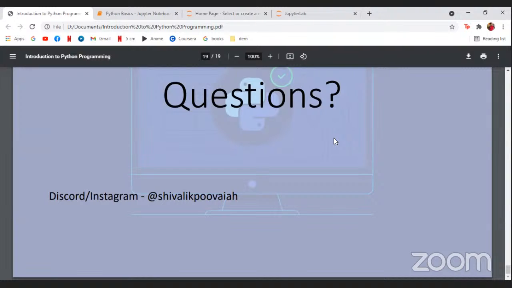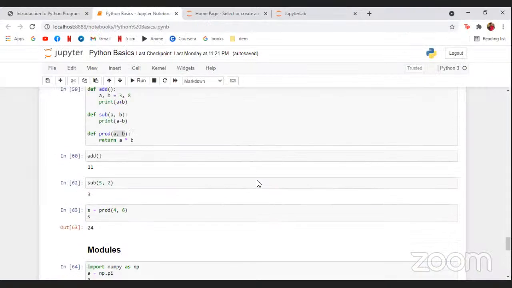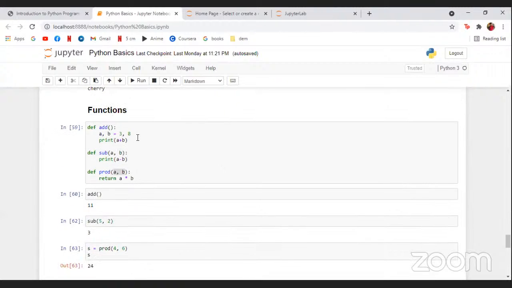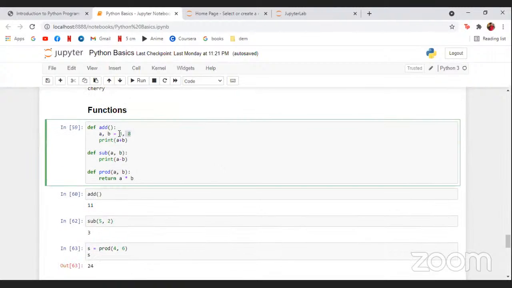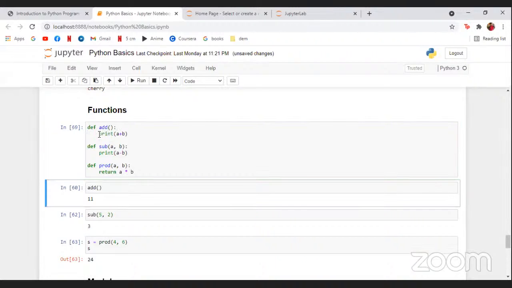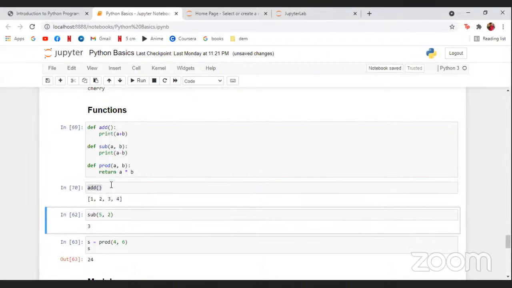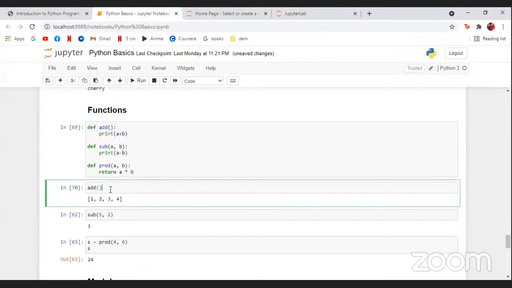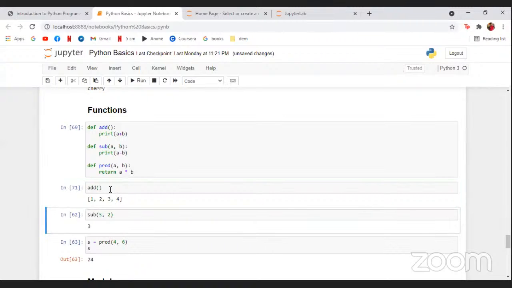Hi, Shivalik. I have a doubt. When you defined the add function, you defined a and b as 3 and 8. Yeah. If we don't do that, we only define add, then print a plus b, and then we invoke add with 5 comma 2, what will it give? Oh, okay. Wait a sec.